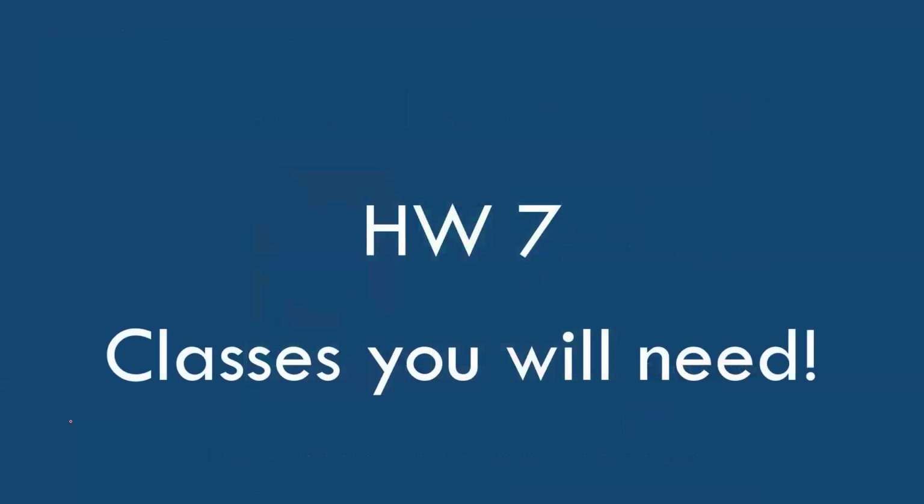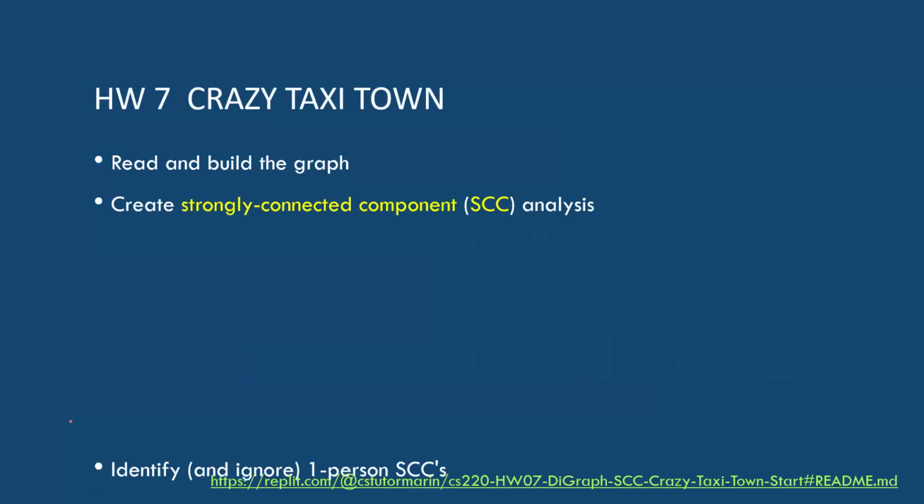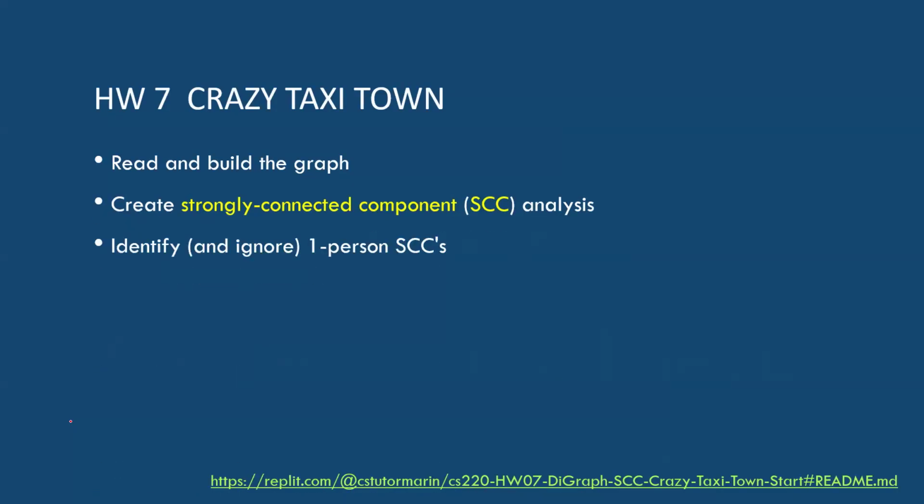Okay? So just reviewing, to put you in a good place. We're going to need our strongly connected component class. We're going to need the updated graph class. Sorry, don't use this one, it's a little out of date. Use Canvas. Print the counts. So identify and ignore one-person strongly connected components. That's just printing out the component list, right?